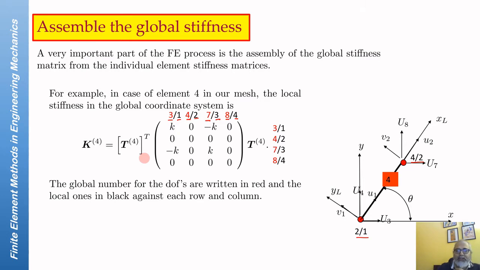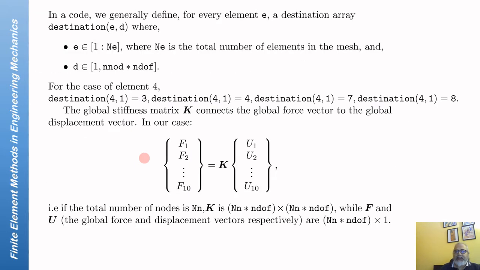Now, once you have done this, you can make something called a destination array, and the destination array has two arguments. E is the element number, which goes from 1 to ne, the total number of elements in the mesh.